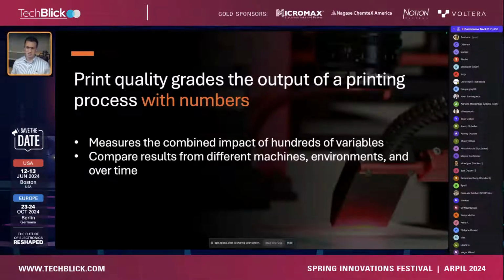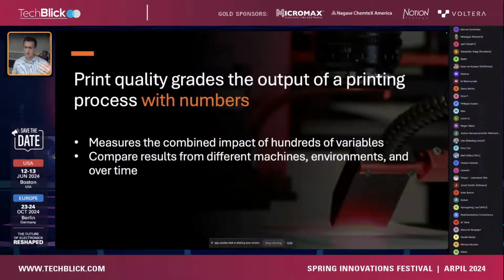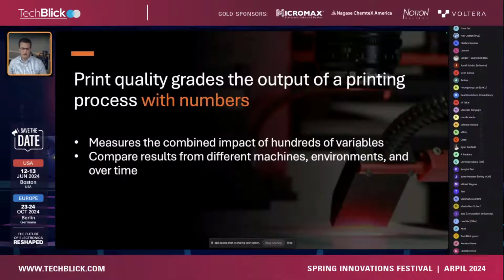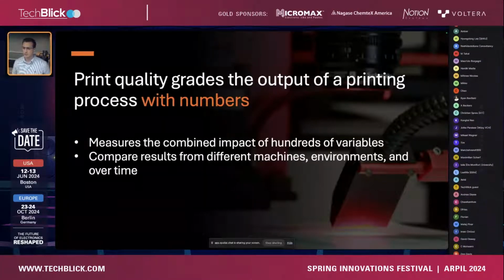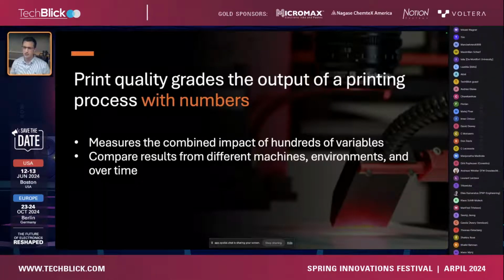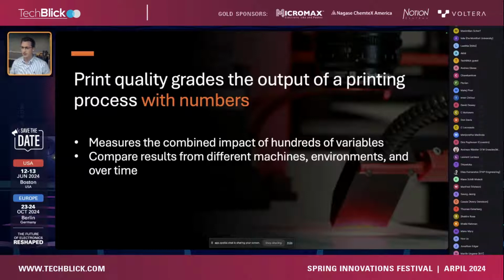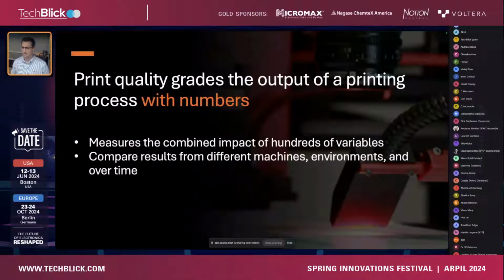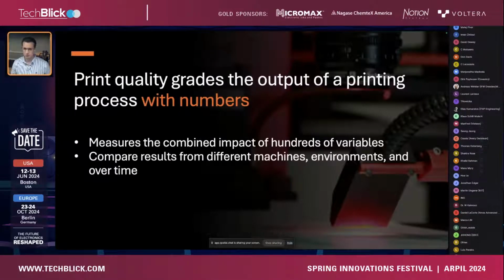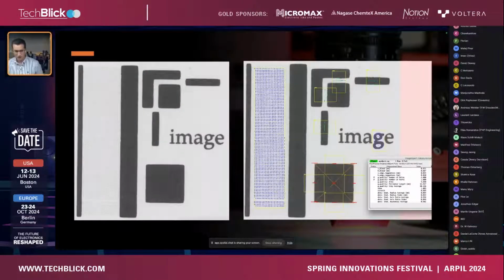You can compare the results of your prints in different environments, such as a cold, dry region versus a hot, humid region. And then you can also use this for quality assurance over time, where you can study the aging of ink or the wear on the print heads or the dispensers. So print quality is a really good thing to implement in your process to really make sure that you're driving improvements as best that you can.